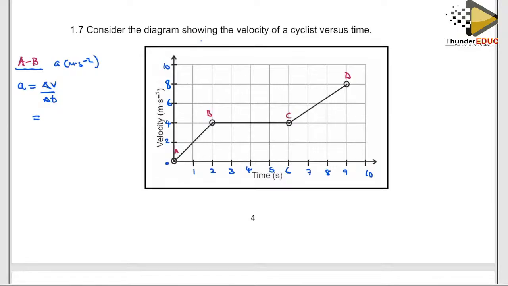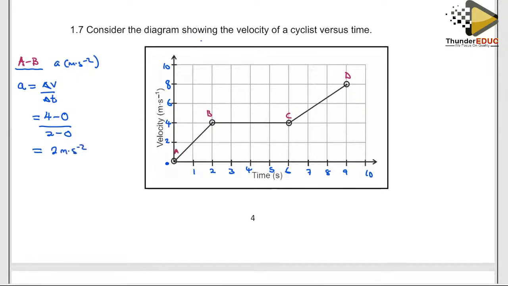Initially I started at 0 between A and B, from 0 to 4, so my VF is going to be 4 minus my initial, which is 0. And then my time, I started at 0 and then I'm at 2. Therefore, it's 2 minus 0. I'm going to get a value of 2 meters per square second, right? So 2 meters per square second.